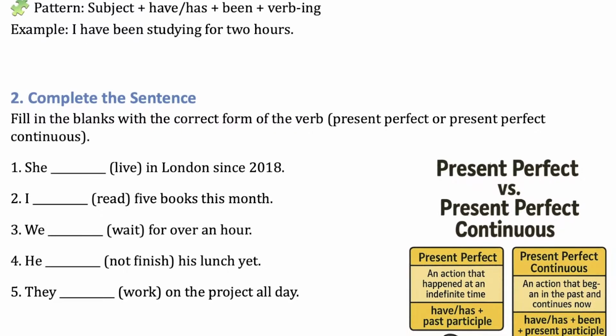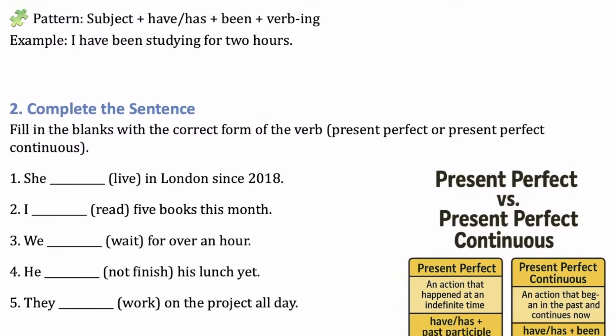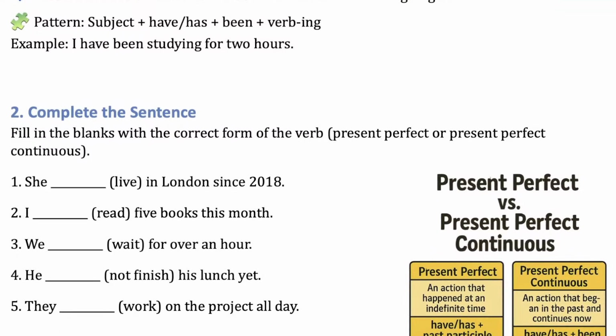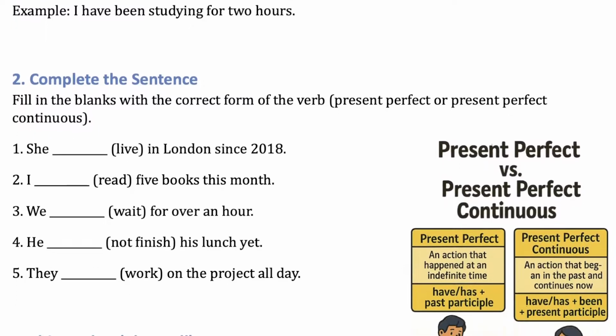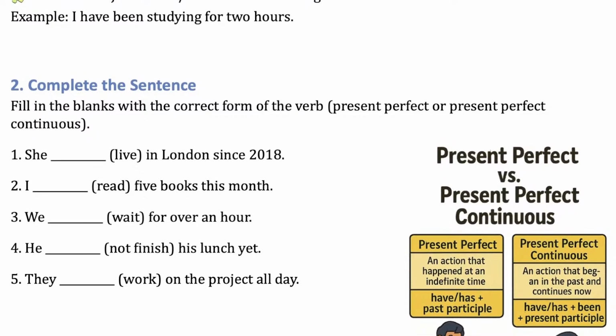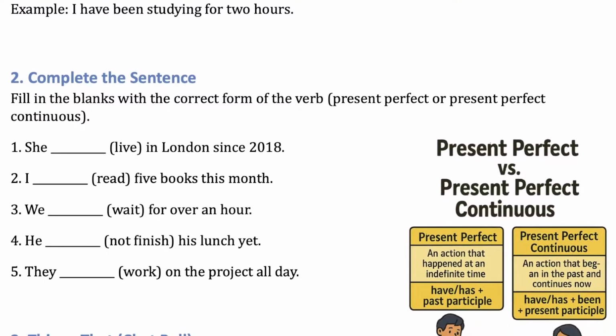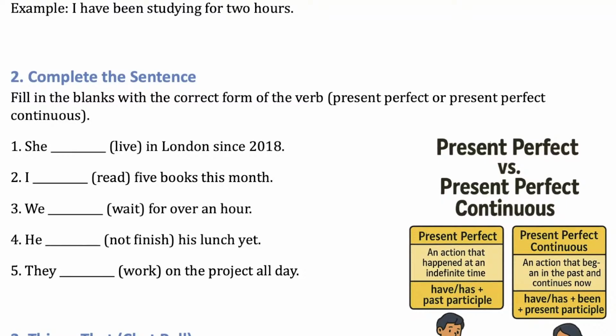So you got to use the pattern correctly. The yellow box right there has the pattern. Present perfect: have, has, past participle. Present perfect continuous: have, has, been, plus present participle. That is the ing.